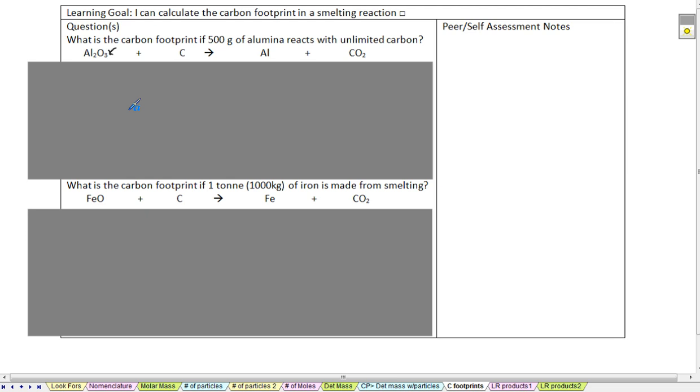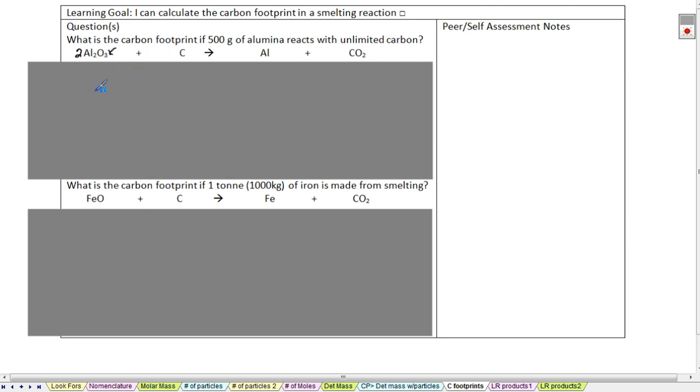It's Al2O3. Now, we've got an odd number by our oxygen here and an even number by our oxygen there. When you see that, I find it's a good idea to first of all double that. So if I double 3, it becomes an even number, which is 6, which then means I have even numbers on both sides.